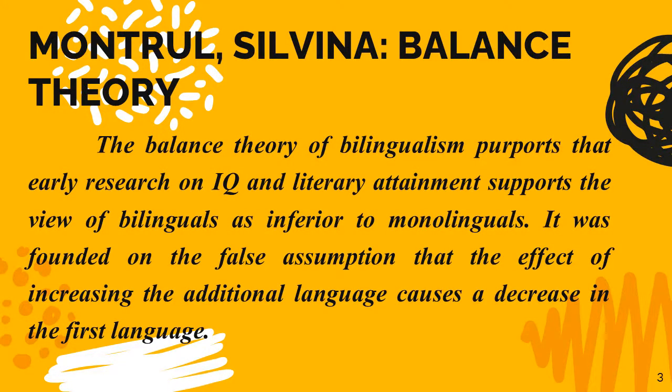So to start with, Montrul-Silvina balance theory. The balance theory of bilingualism purports that early research on IQ and literary attainment supports the view of bilinguals as inferior to monolinguals. It was founded on the false assumption that the effect of increasing the additional language causes a decrease in the first language.